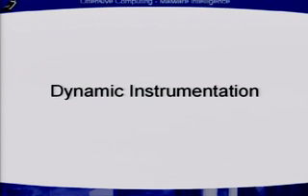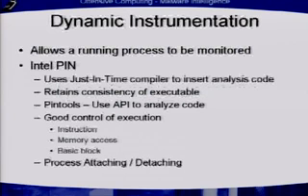The first example of a good way to do this is dynamic instrumentation, and specifically Intel's PIN library. This is a really good dynamic instrumentation library. It uses a just-in-time compiler to insert code before instructions.